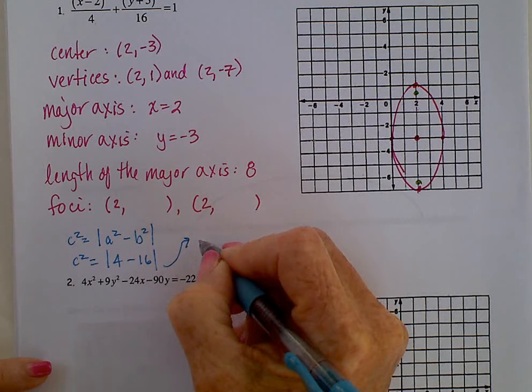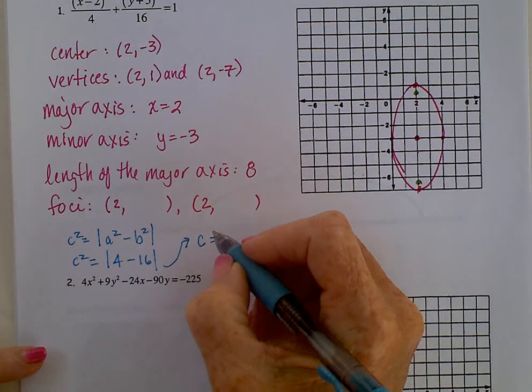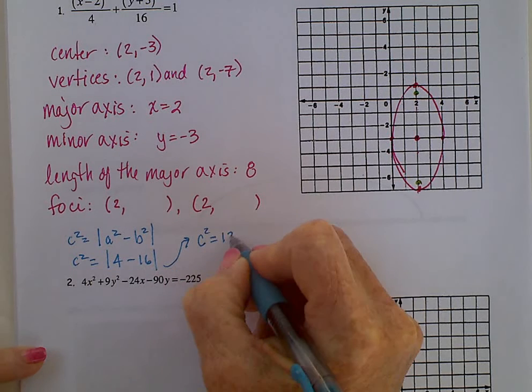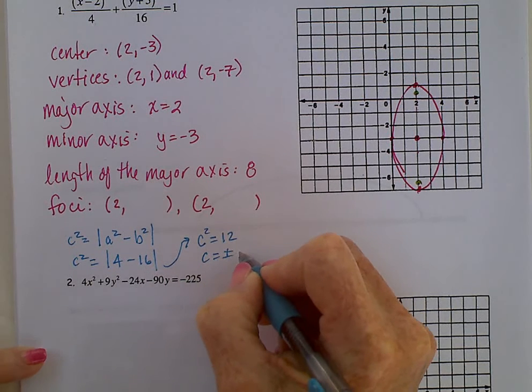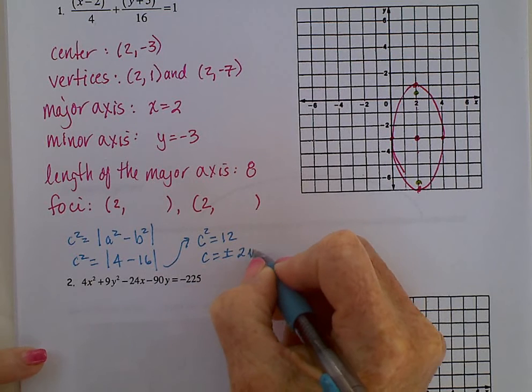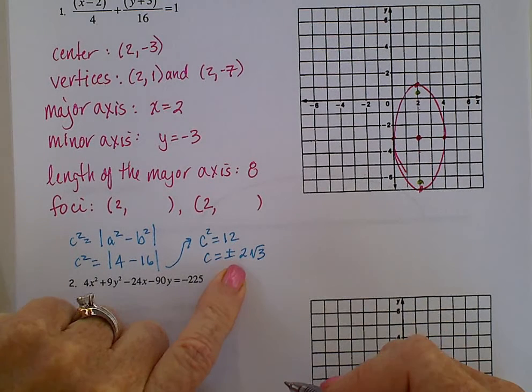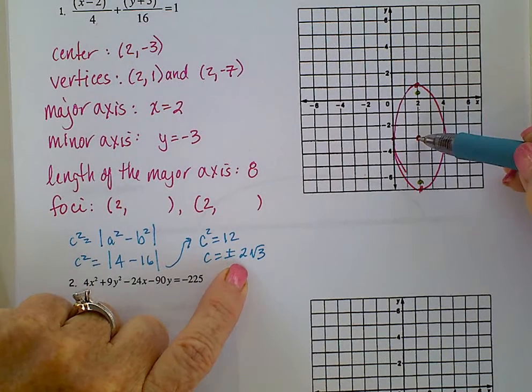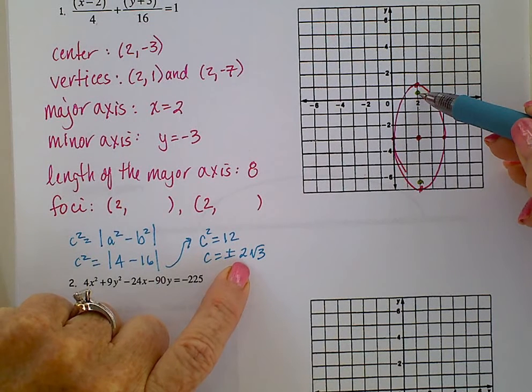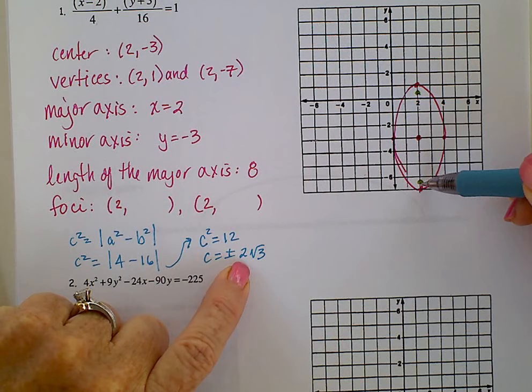That tells us c squared is 12, so c is plus or minus the square root of 12, or 2 square root 3. That's the distance from the center. So from the center, we're going to go up 2 square root 3 and down 2 square root 3.